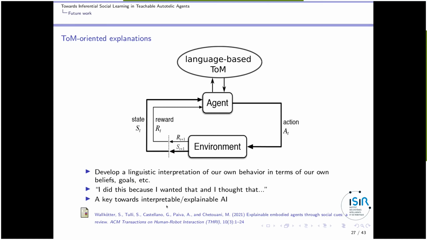So when you justify what you are doing, generally you are using theory of mind-like explanations. You explain what your motivations, your desires, your thoughts, your beliefs were. And this could be a key towards interpretable and explainable AI: to build some theory of mind on top of our sensory motor learning agents.